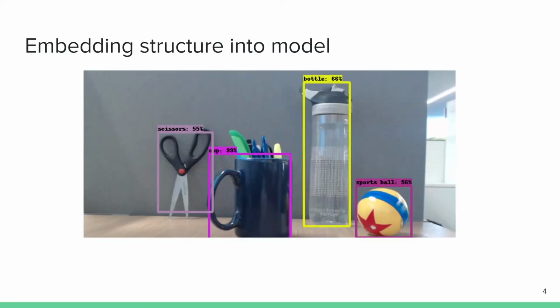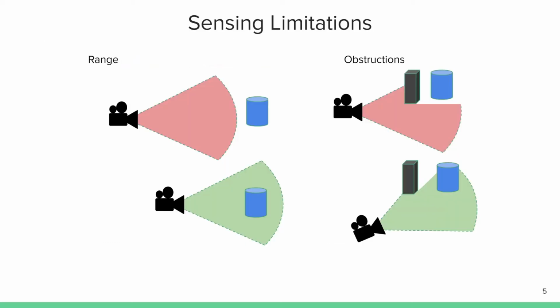For example, we could say that the world is composed of objects, which gives us an object-oriented POMDP. Also, as mentioned before, robots are reliant on sensors to observe the world state, but those sensors are limited by both range and physical obstructions. Moving the sensor to be nearer to an object or to look around an obstruction will facilitate the ability of the robot to estimate that object's state.